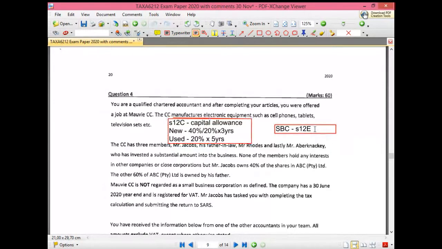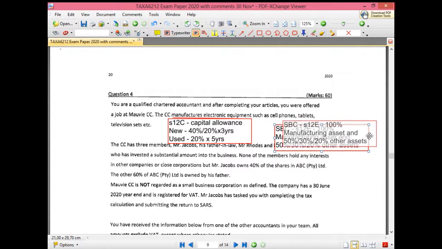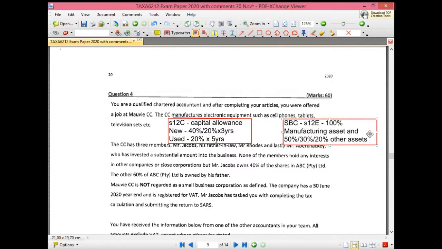Whereas if it's an SBC, it is 100% if it's a manufacturing asset, and 50%, 30%, 20% for your other assets. But remember, that is all your movable assets. It does not apply to your buildings.